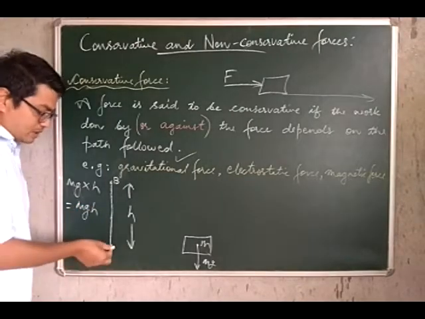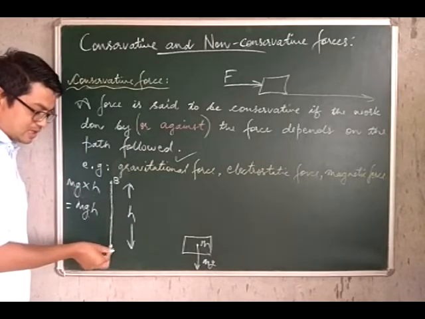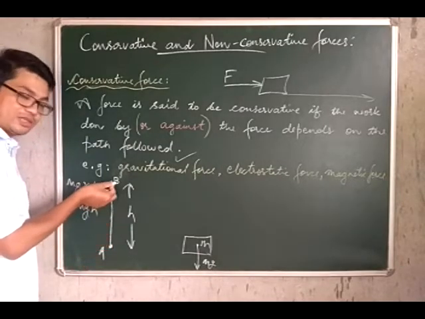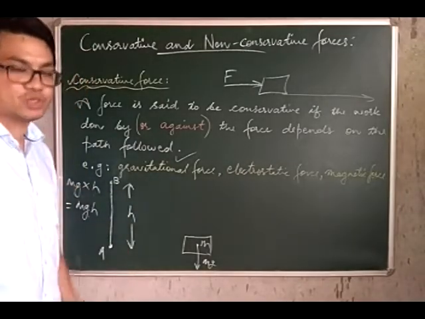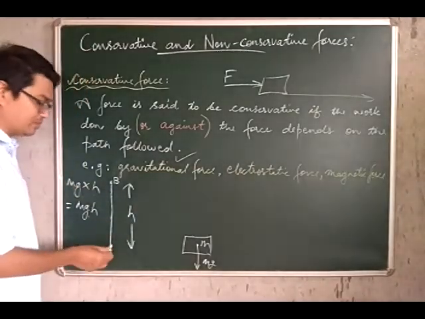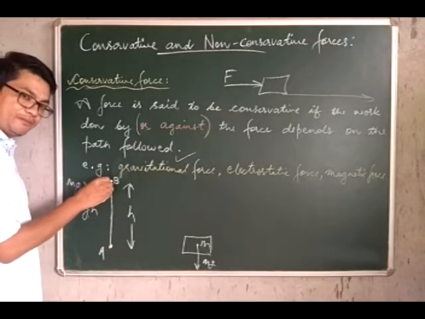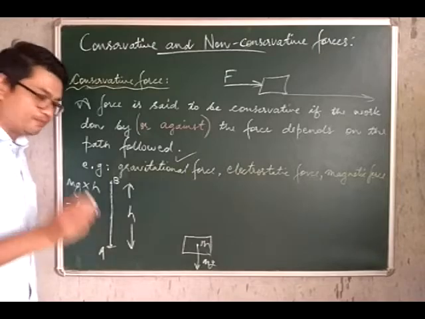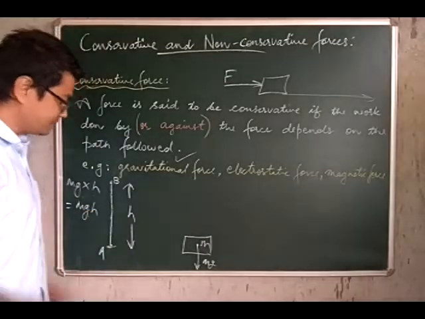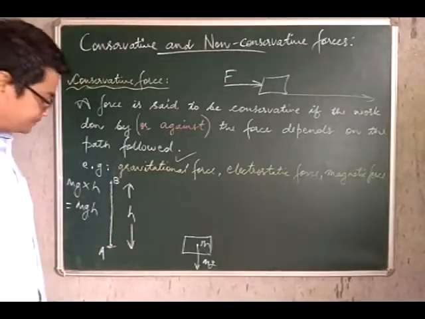And mind you, this amount of work done to lift the body from point A to point B, displacing it by a height h, is what is stored as its potential energy, and thereby the potential energy of the body at point B, at a height h from the ground, is mgh. That is another part of the story, but here we are looking at conservative force.